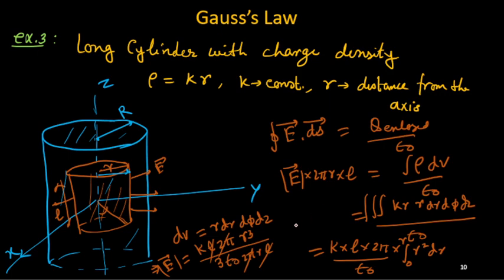Okay, so what will we get as the ultimate result? This electric field is becoming k, and this r cube by r is r square, proportional to r square, and this is 3 epsilon naught.